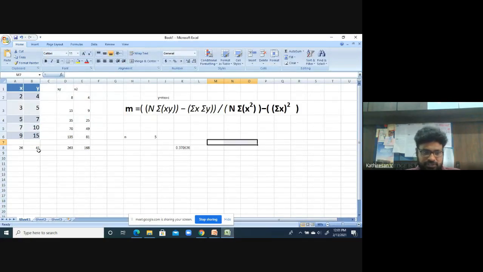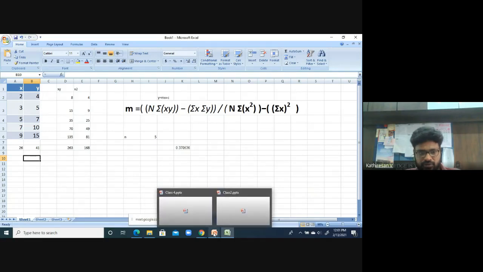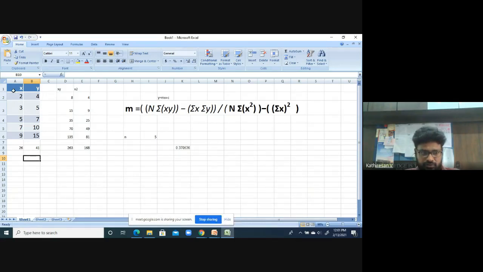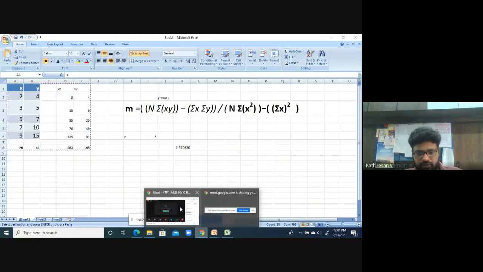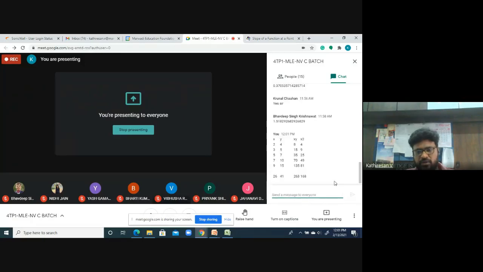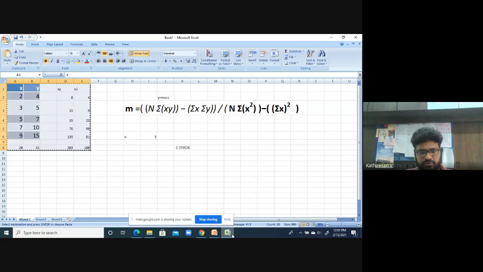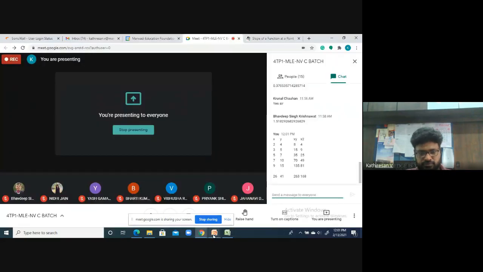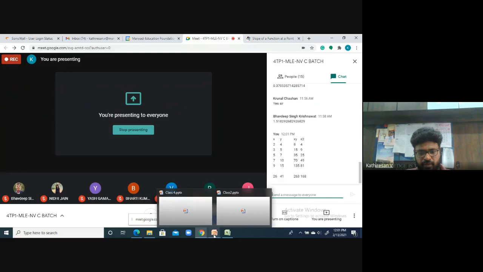See, I'm putting this here. Make a note of all these values, and after that you have to find the intercept based on these values.